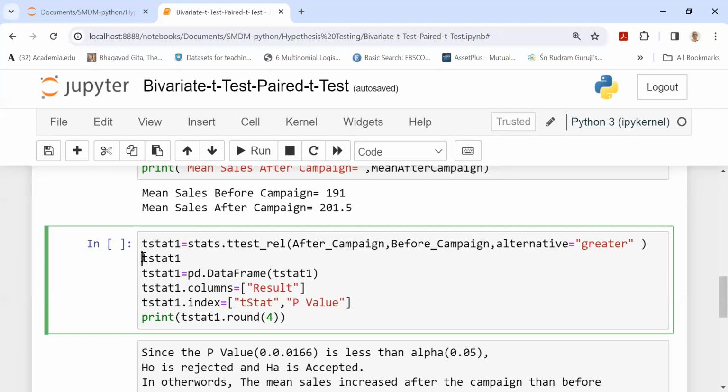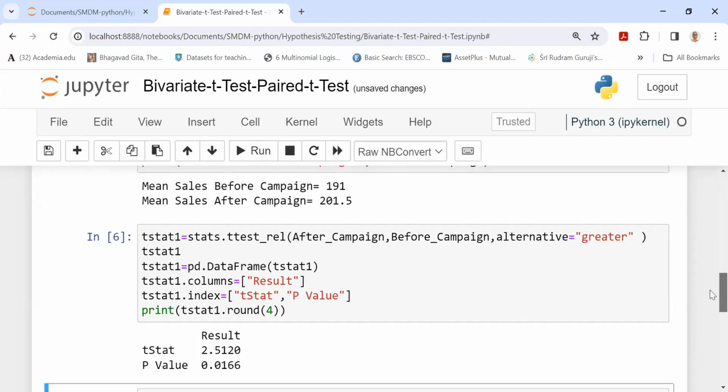Then tstat1 I compute, then I declare it as a data frame for better readability of the output, pd.DataFrame tstat1. I name the column as result, then the tstat1.index, that is naming the rows, I put tstat and the p-value. Then I'm rounding the tstat1 result to 4 decimal places. Let me execute this command.